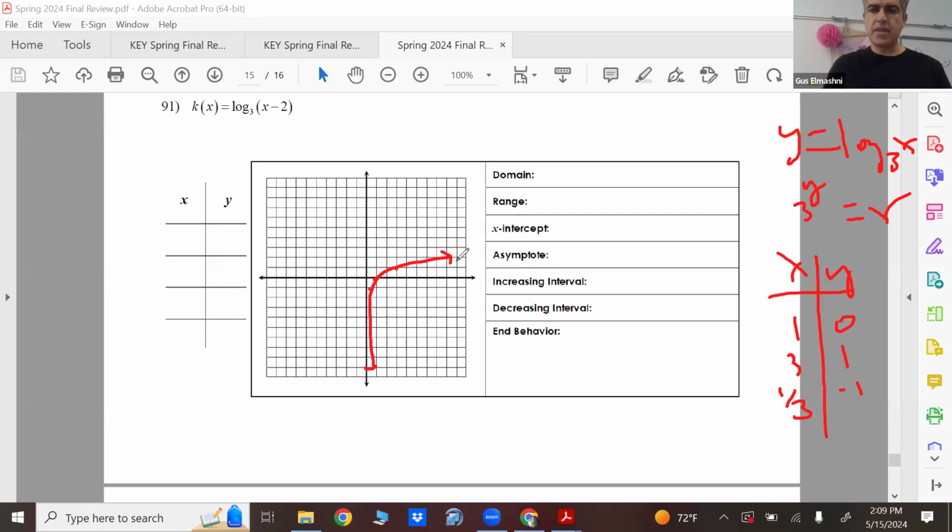Now if you shift 2 right, you're going to add 2 to these, right?